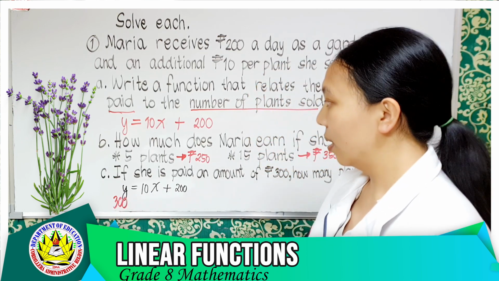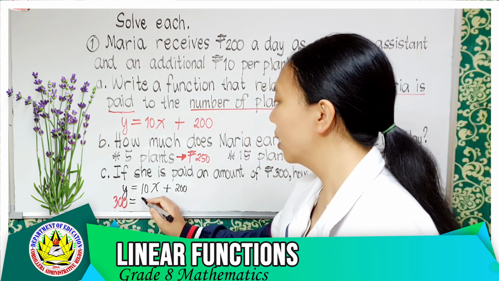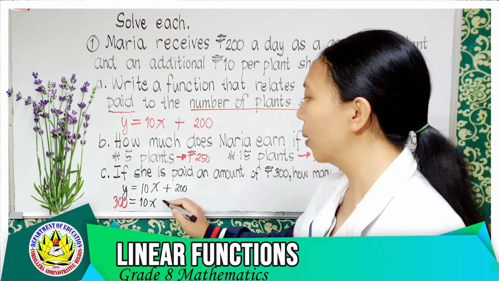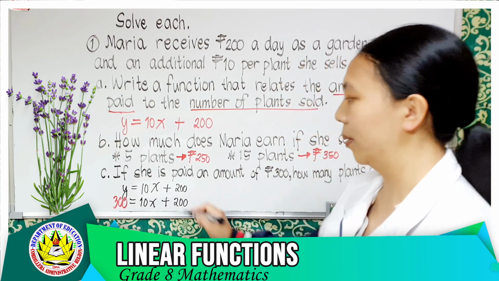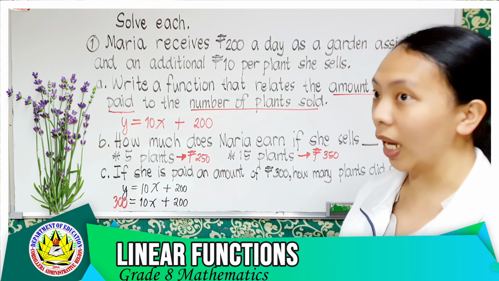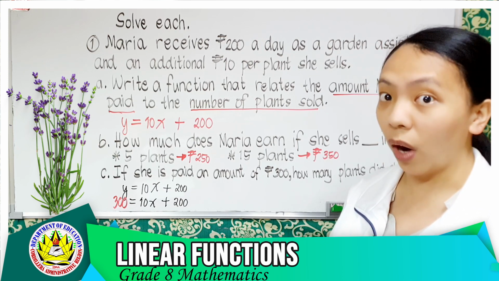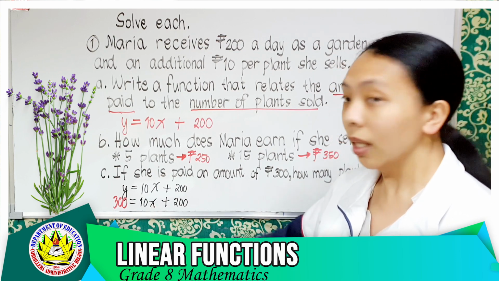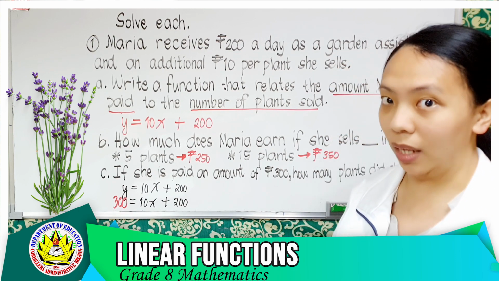is equal to 10x plus 200. Our first goal here is to isolate the term with the variable x. We can do that in two ways.